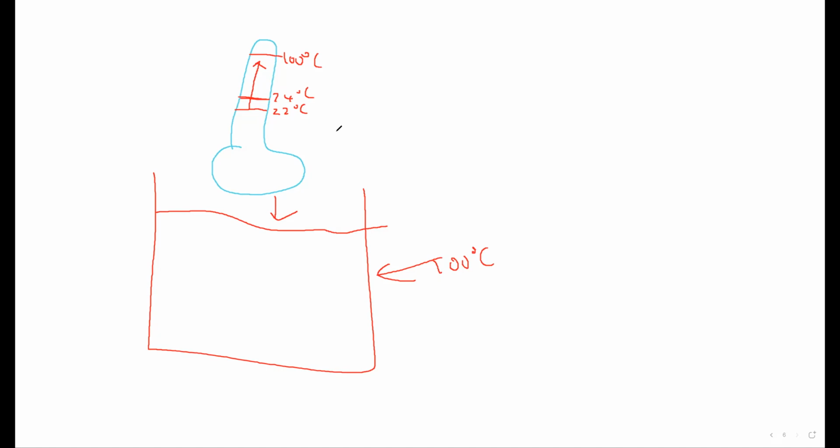Let me tell you why. Imagine when we place a thermometer into the hot water, which part of the thermometer comes in contact with the water first?